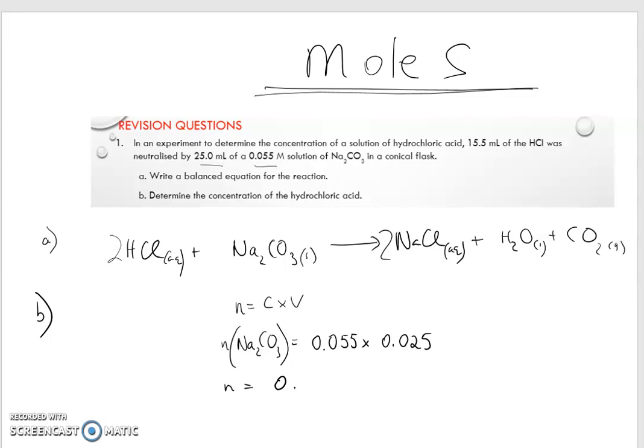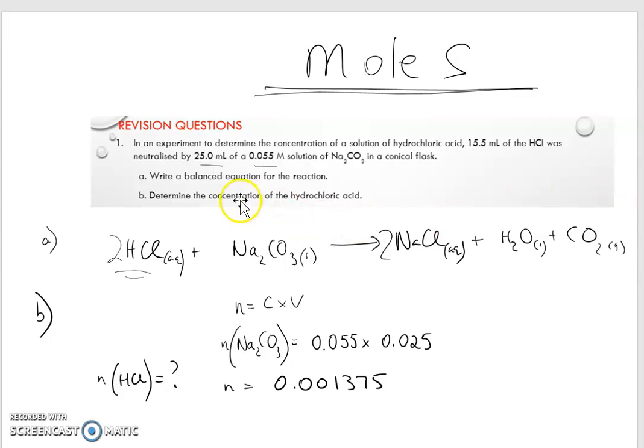So the mole value is 0.001375. Cool. Alrighty. So then we want to know information about hydrochloric acid. We know the mole value of sodium carbonate now, and so what we can do is use our molar ratios to find the moles of HCl.